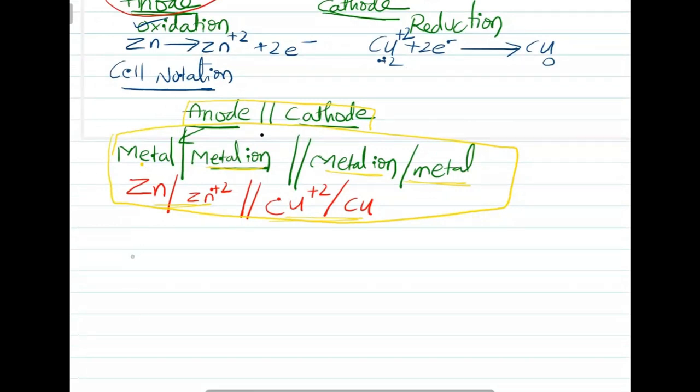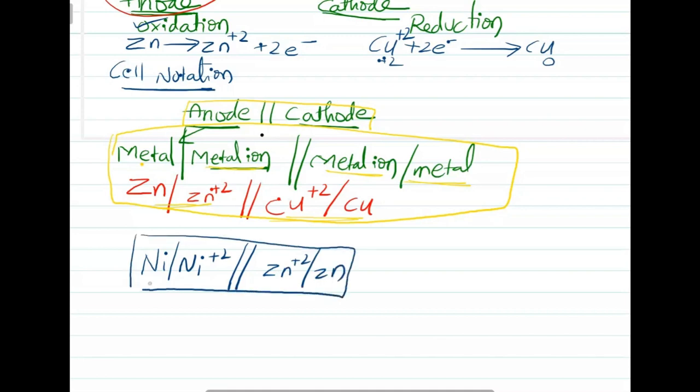For example, if nickel, nickel plus 2 is notated with, let us say, Zn plus 2, Zn. If this cell is given to you, which is the anode and which is the cathode? Whichever is written first will act as the anode, so the second will act as the cathode. At the anode, oxidation will occur: nickel is converted to nickel plus 2 with loss of 2 electrons.